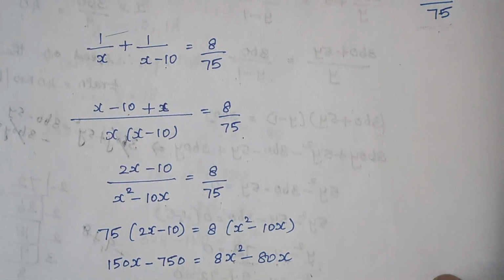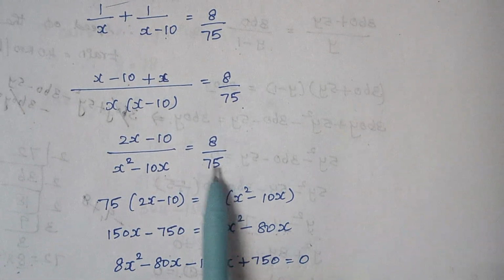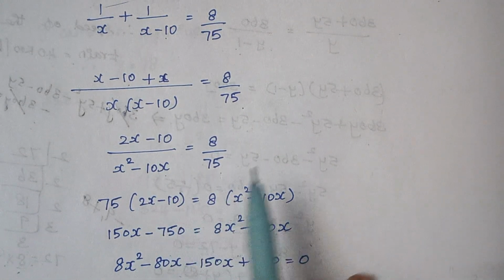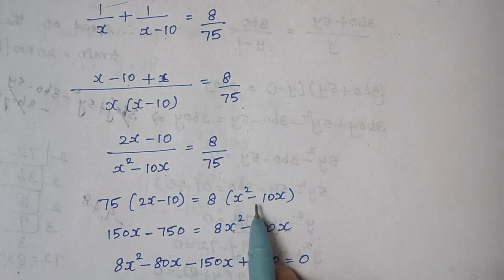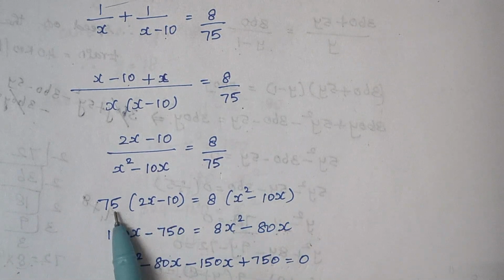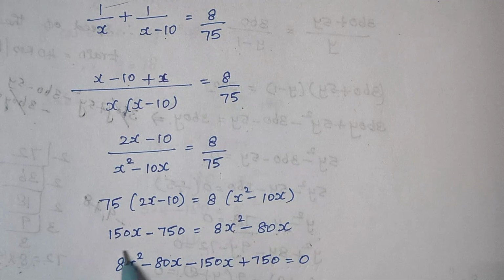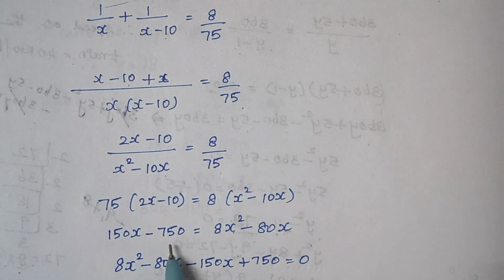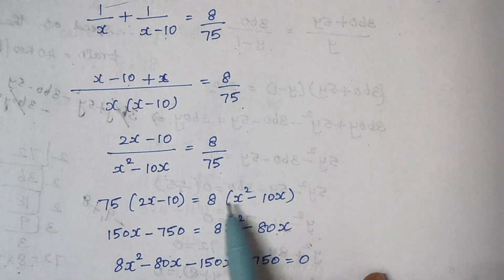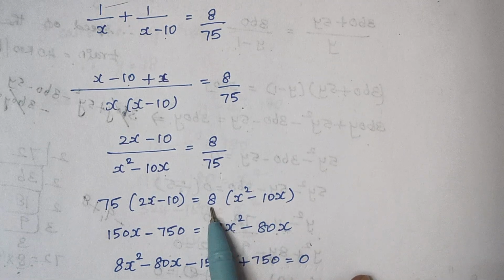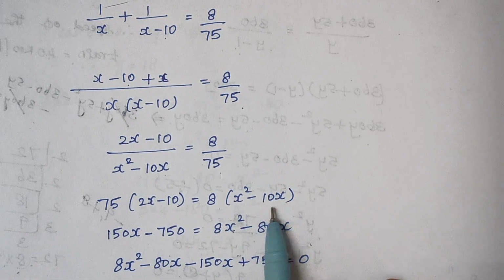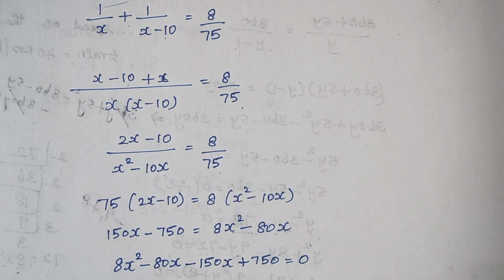Now we are going to do a cross multiplication. So 75 into 2x minus 10 is equal to 8 into x square minus 10x. So 75 into 2x is 150x, 75 into minus 10 is minus 750. So here 8 into x square is 8x square, 8 into minus 10x is minus 80x.